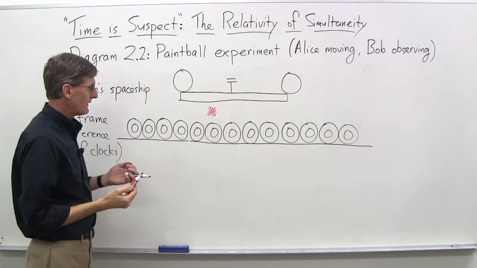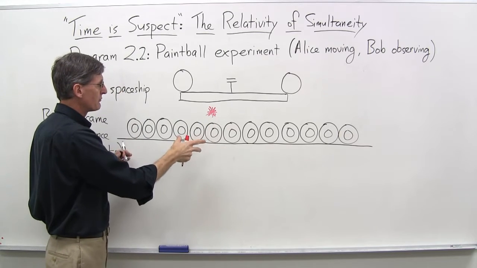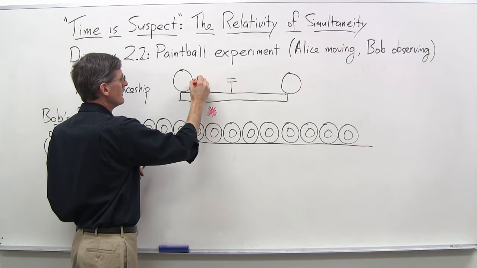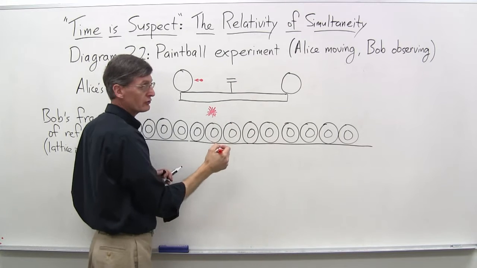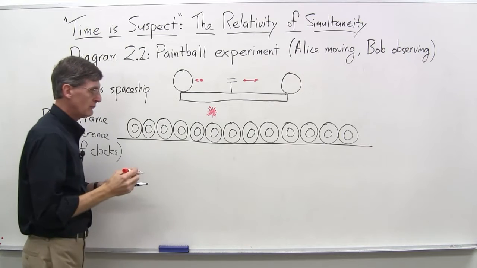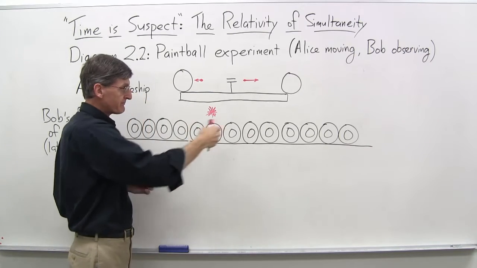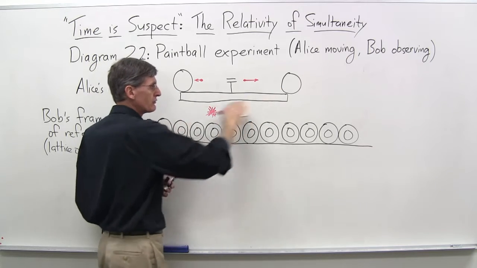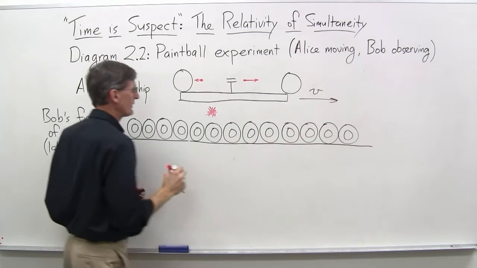And the actual paintballs, remember, this is the position they were shot at. If we're observing from Bob's perspective, this paintball is going to be traveling that way, and this paintball over here is going to be also traveling that way, someplace in between. Once the paintballs leave that apparatus, this end of Alice's spaceship is traveling away from it with velocity v in that direction.